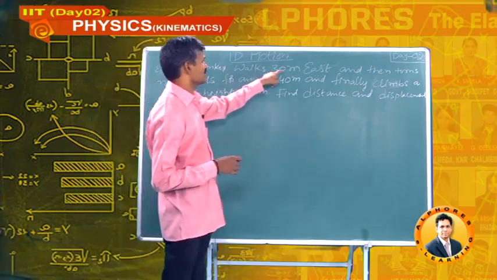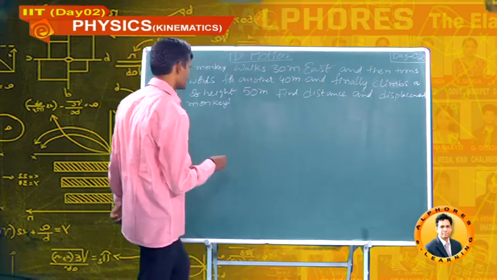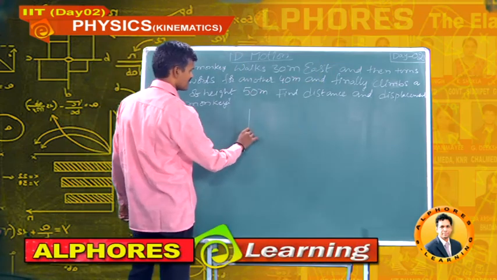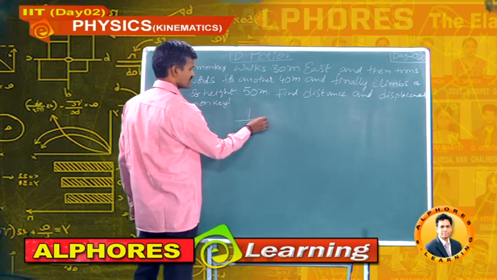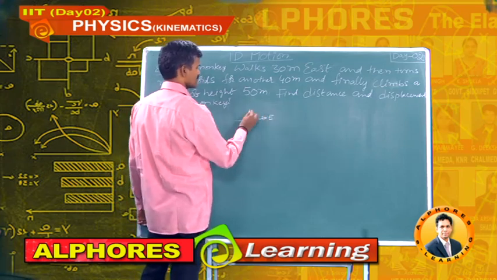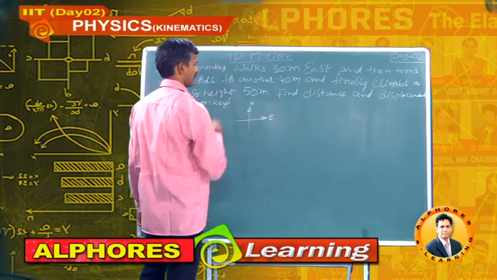Monkey walks 30 meters east. So, first consider the directions. This is east, this is north.